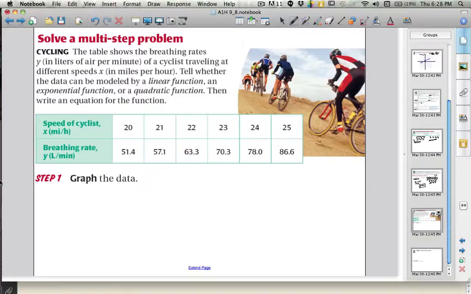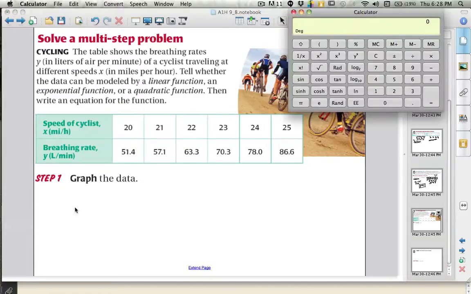If I look at doing a common ratio, I'm going to pull out a calculator. 57.1 divided by 51.4, that's 1.11. And 63.3 divided by 57.1, that's actually 1.11.